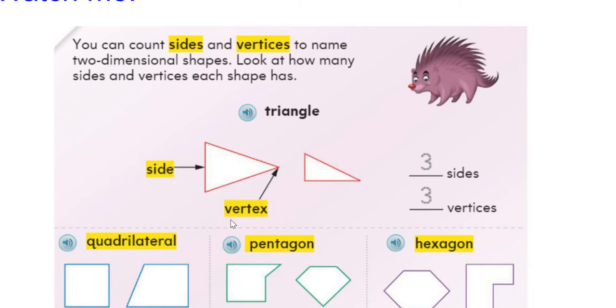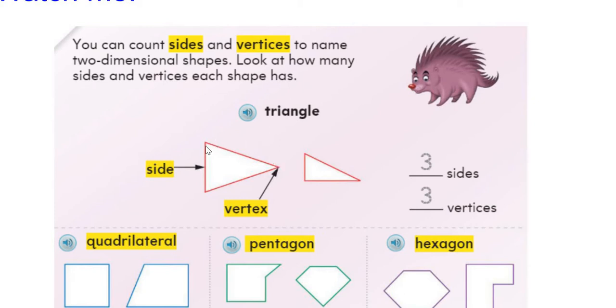So on Monday we talked about 3-dimensional objects, and today we are going to talk about 2-dimensional shapes. And we have sides here, and on the 3-dimensional we call those edges. And then we're still talking about these points right here, the vertex.